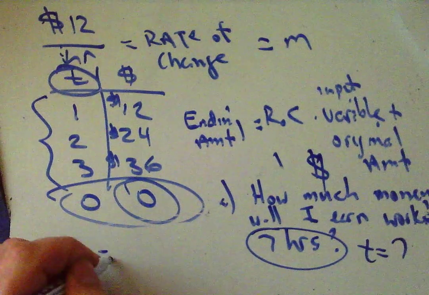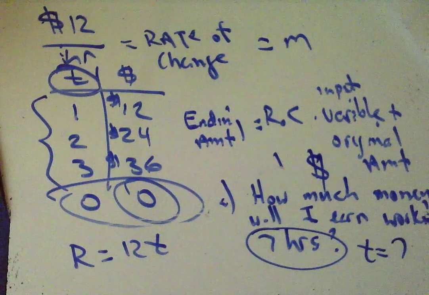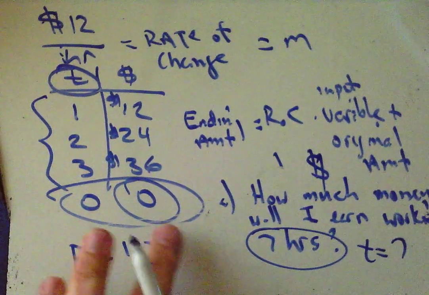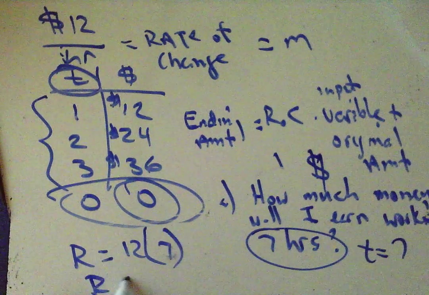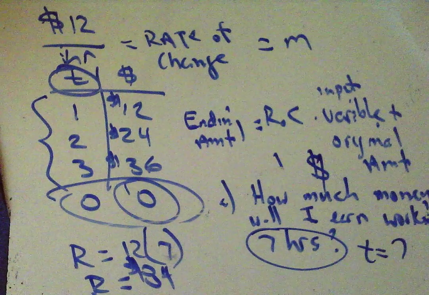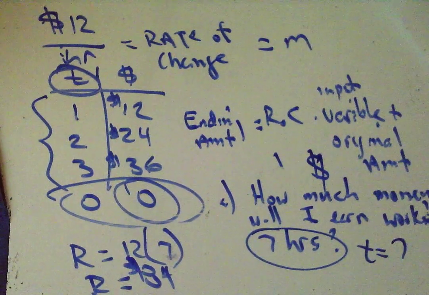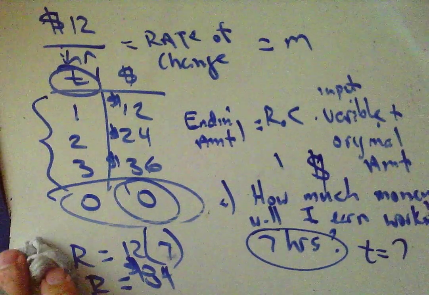If I go back to this model, where do I plug the 7 in? Well, the 7 is a time, so it goes in over here. And I get my revenue is $84. I'll make $84 if I work for 7 hours. Okay, there's the first question.